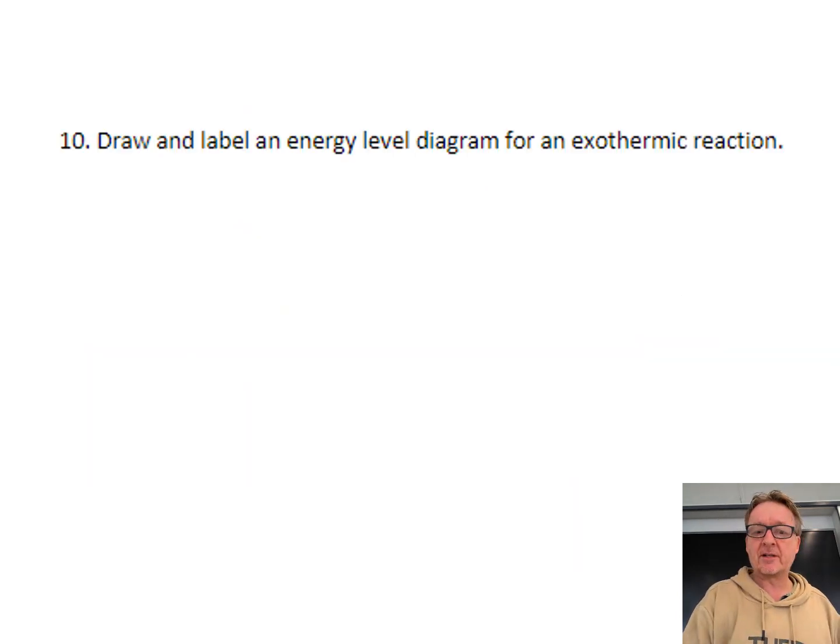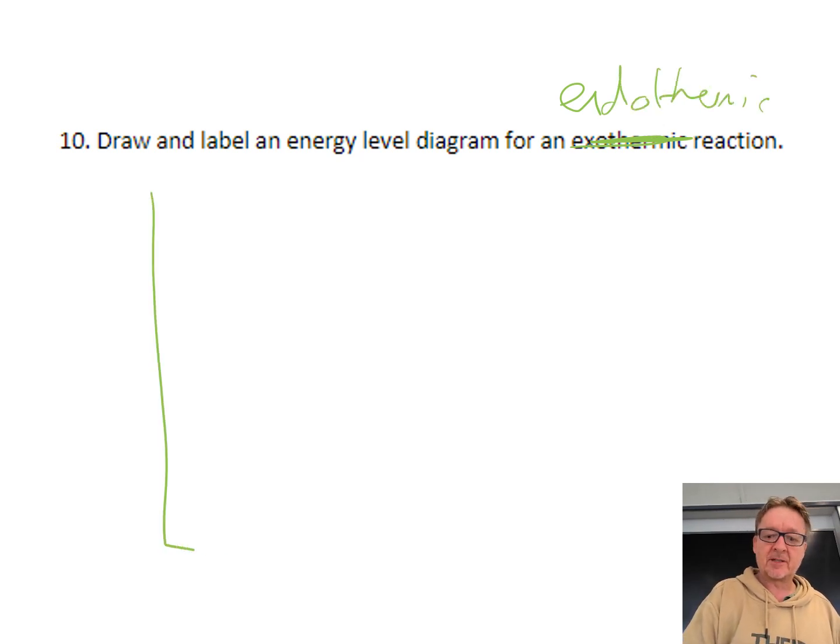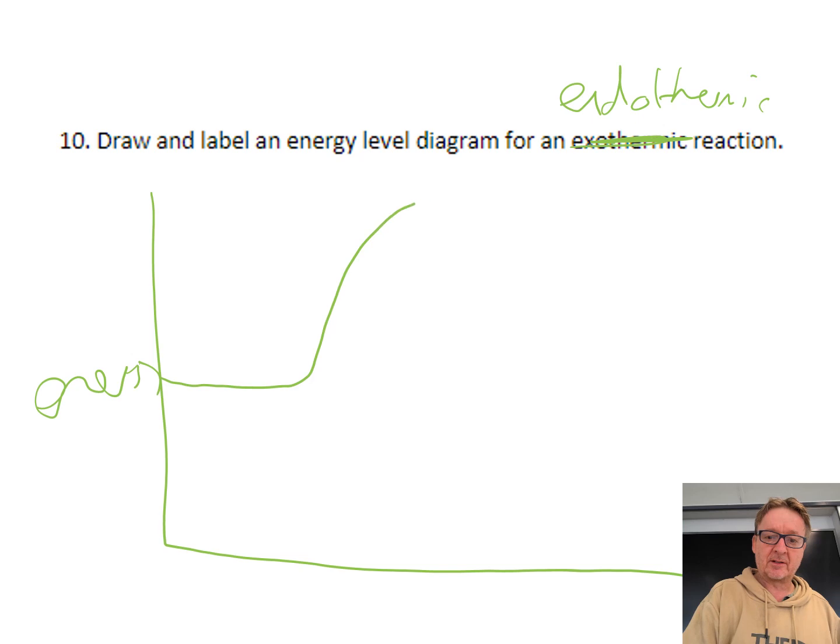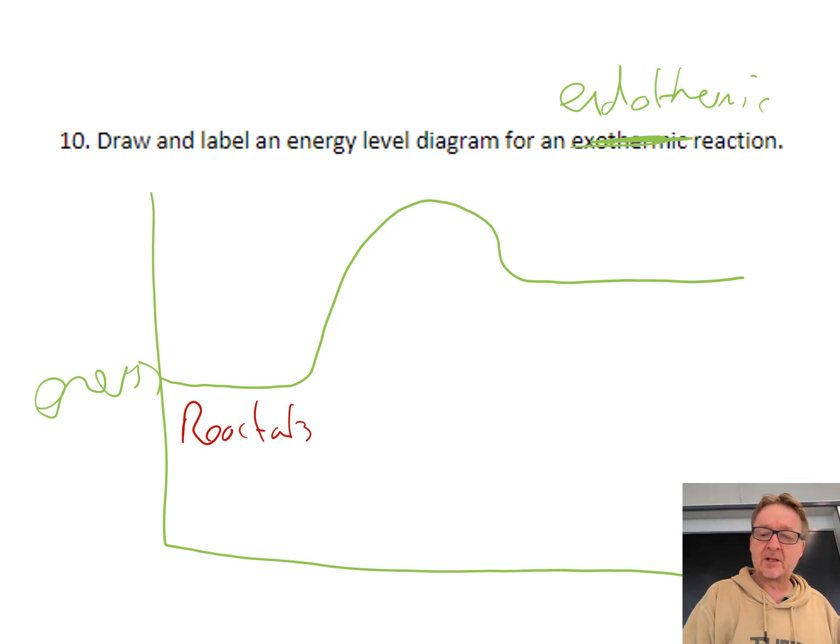Now draw and label an energy diagram for an endothermic reaction. There's my line, there's my energy axis. This time it goes along like that, does a little bump, then goes like that. These are the reactants, and these are the products.